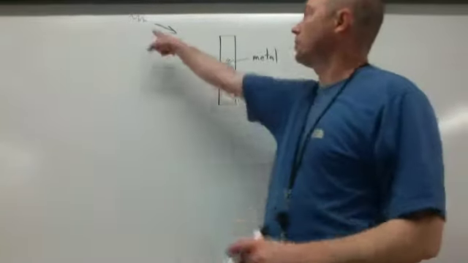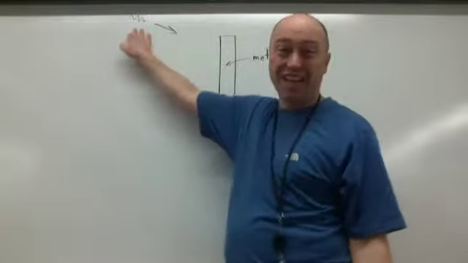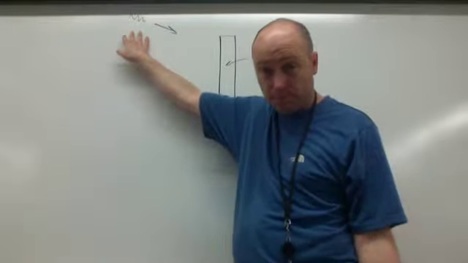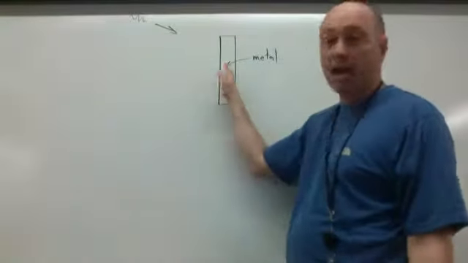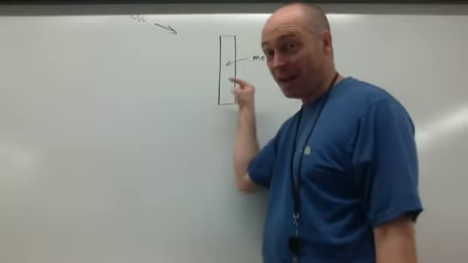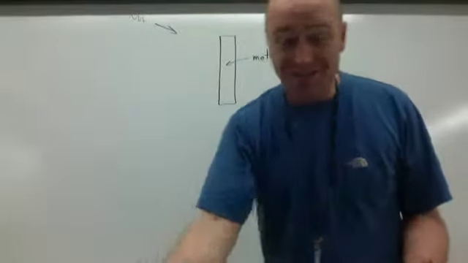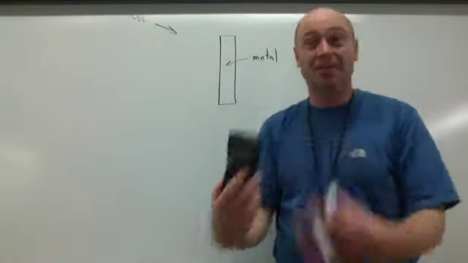So my photon is going to come down and hit this thing. Now, if this photon has enough energy, it will knock an electron off of this. And then I could have a moving electron, and if I have a moving electron, I can power something like a calculator.